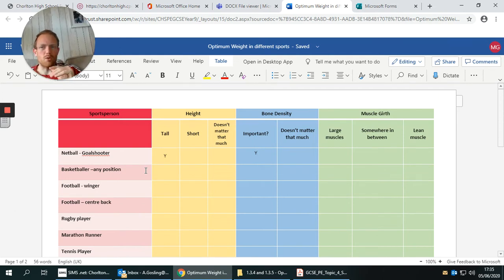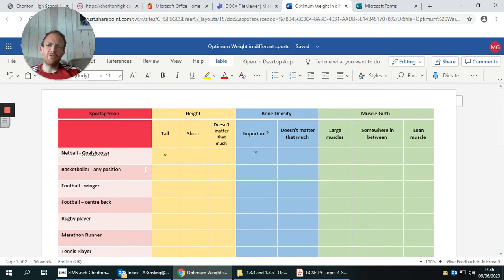The bones, sorry, in the ankles, not the ankles because that's ligaments, but the bones in the ankles and the tibia and the fibula need to be strong to help support that pressure there. And the carpals are obviously weight bearing as well, and the tarsals are weight bearing, and the metatarsals are also weight bearing as well. So they need to be strong to withstand that pressure. So yes, I would say it's important.